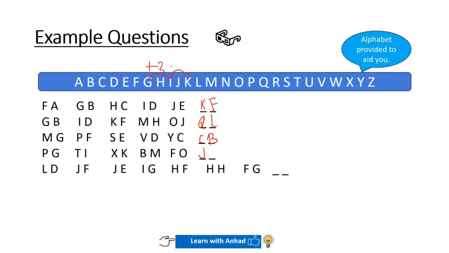Then I to K would be plus 2. Then K to M would be plus 2. Then M to O would be plus 2. Yeah, and now O plus 2 would be equal to Q. So the answer for this question is JQ. Remember, don't get mixed up. Even if you get mixed up, you won't get a mark. That's very harsh. Anyways, let's move on to the last question.